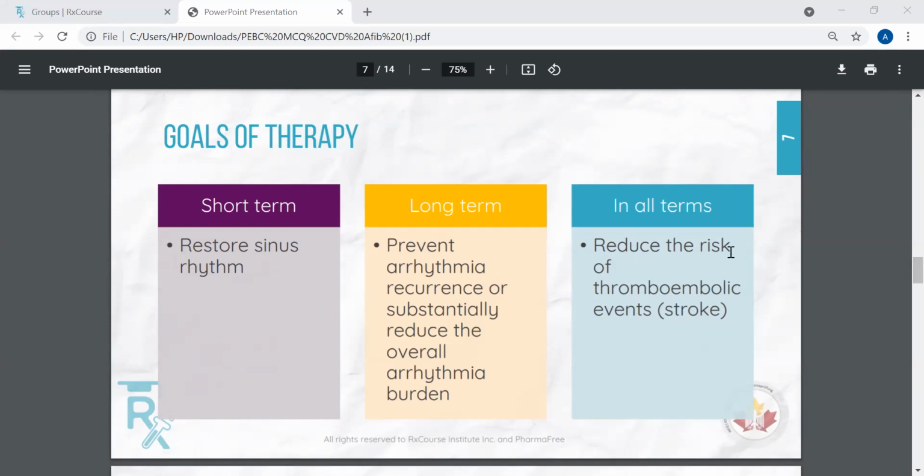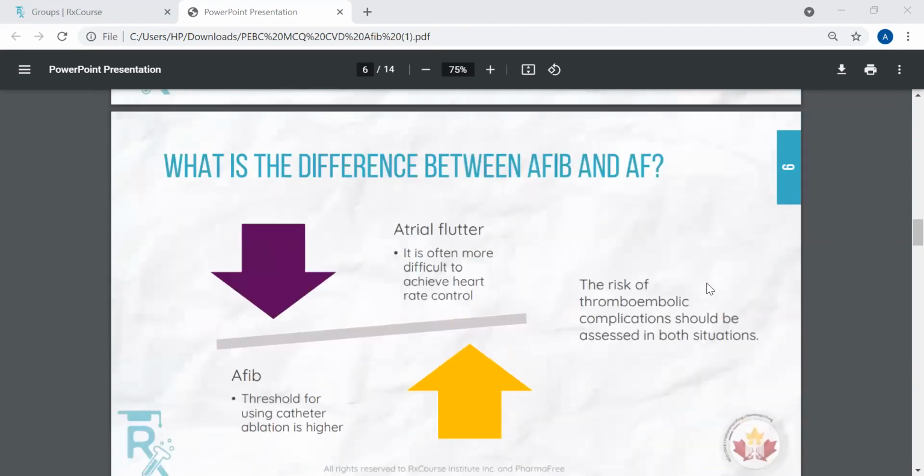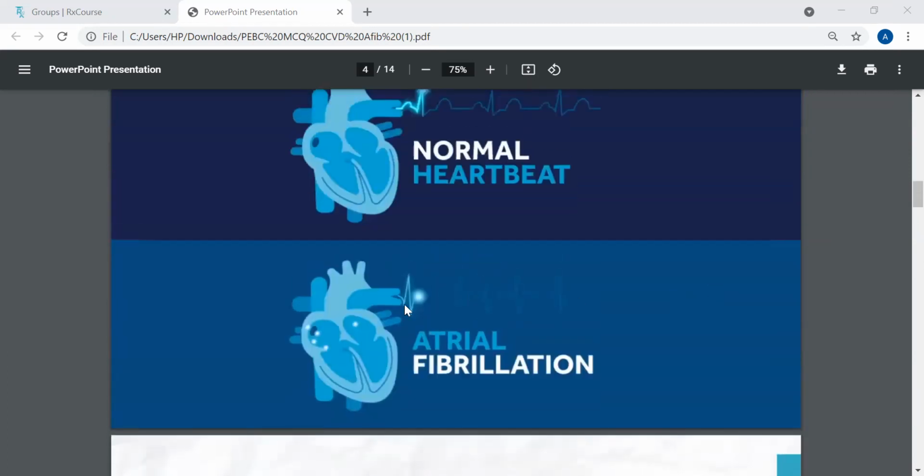Yeah, so if we look back here at the heart, in this case, when the atrium is receiving multiple signals, do you think it will be able to contract fully? No. Which means that there will be a residual amount of blood in the atrium, correct? This residue of blood with time will aggregate and make a blood clot.